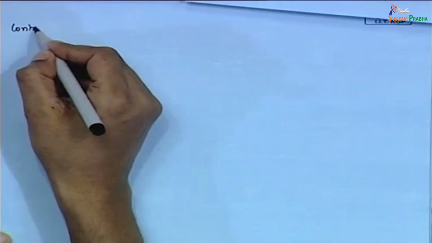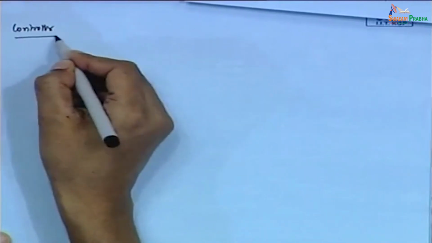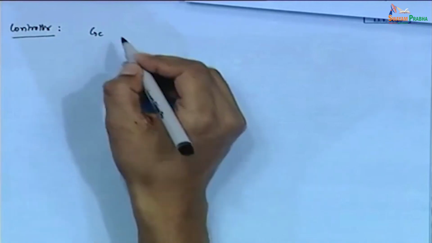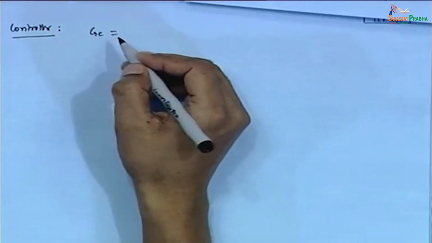So, the next element is the controller. Our controller is the P only controller. So, the transfer function of the P only controller is Gc equals Kc.